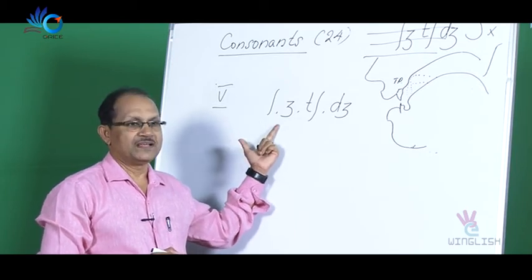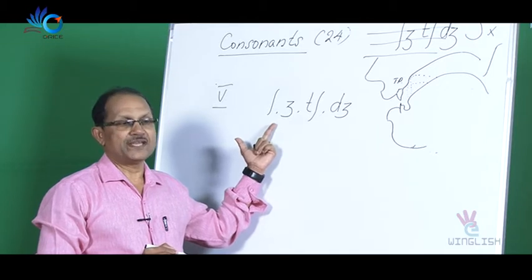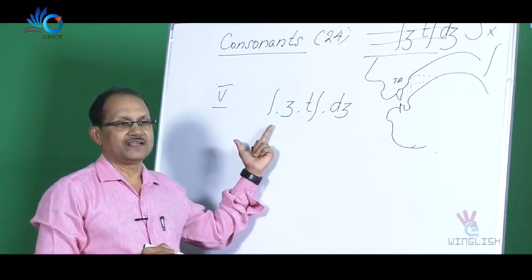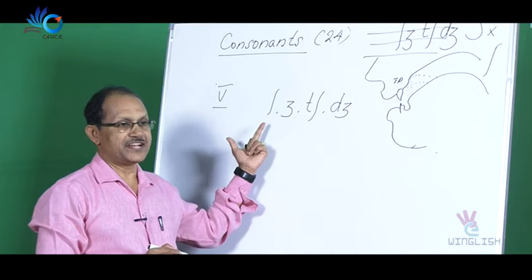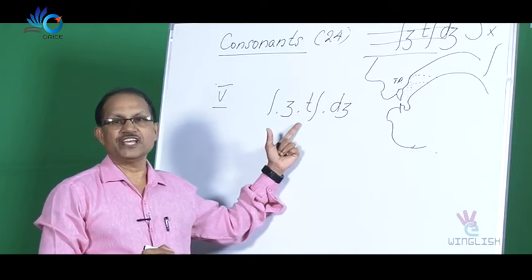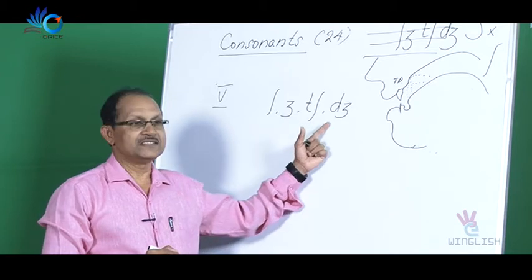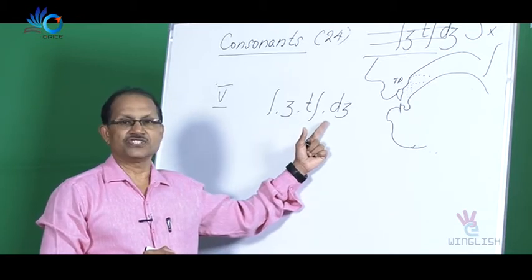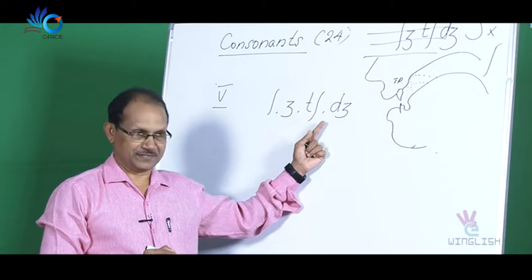This one: vision, leisure, pleasure, measure, azure. This is ch, teach, each. This is j, judge, joy, join.